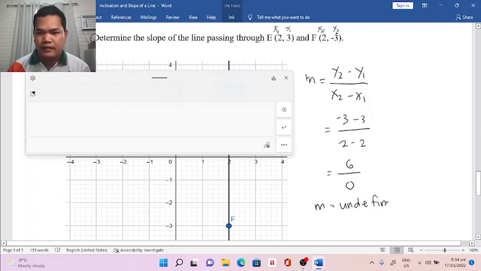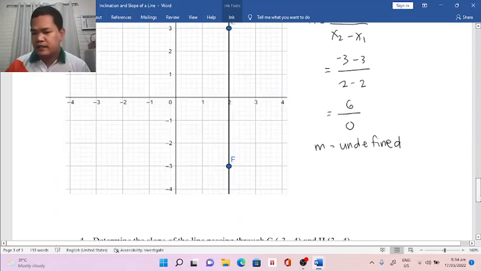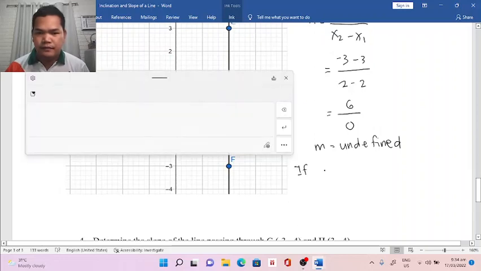m is undefined. Now, we can conclude that if m is undefined, then the line is vertical.